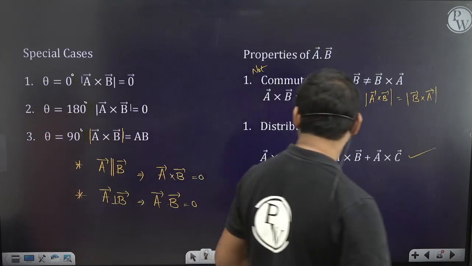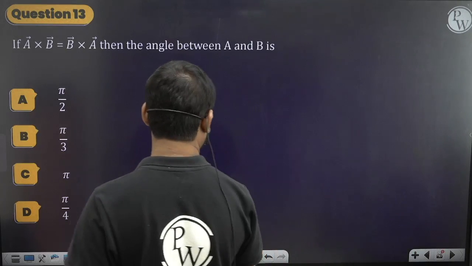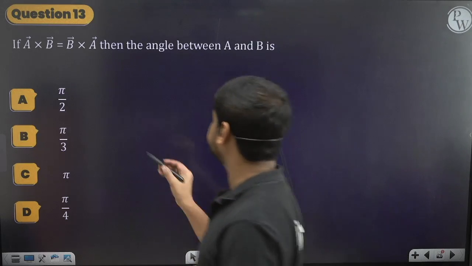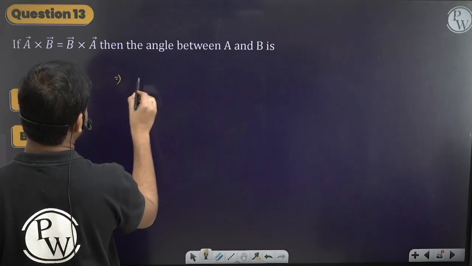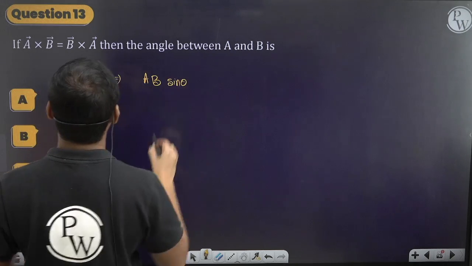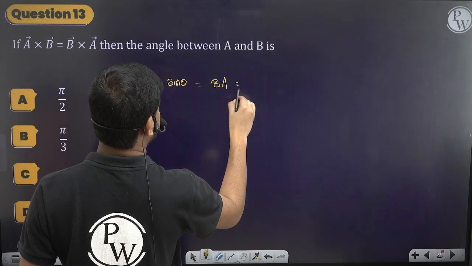Clear this part. So see, directly they are asking the question, if A cross B is equal to B cross A. So first, what is A cross B? Which is AB sin theta. Yes or no? So A cross B is equal to B cross A, BA sin theta.